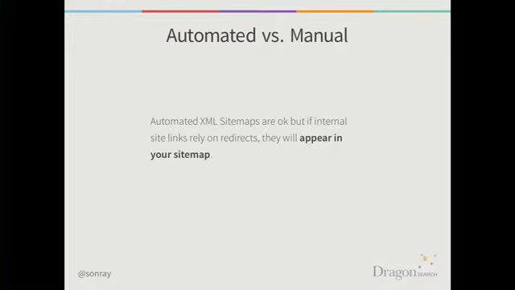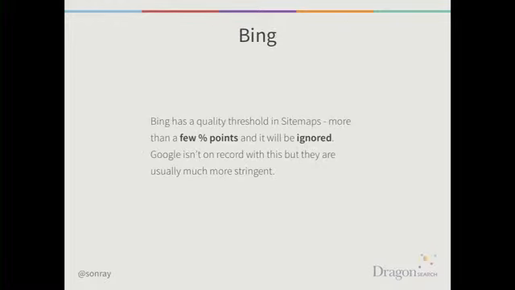Bing, out of all the search engines, has a quality threshold, and it's anywhere between 1% to 3%. So if you have multiple URLs that are 404 not found, or you are relying on 301 or 302 redirects within your navigational items, they're not going to trust your sitemap.